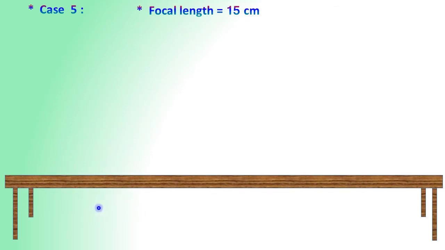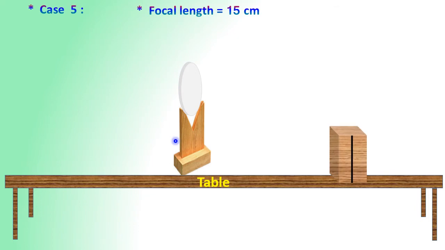We can observe this. This is the table. Here is the V stand, convex lens, wooden block. That's all. This is the burning candle, and let us measure its distance where it is placed from the lens.